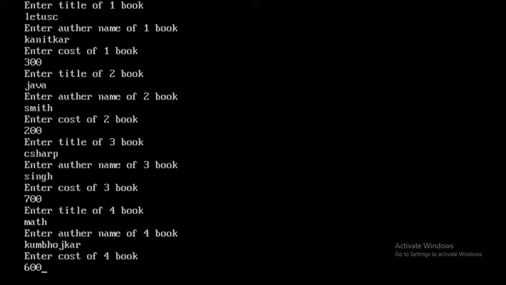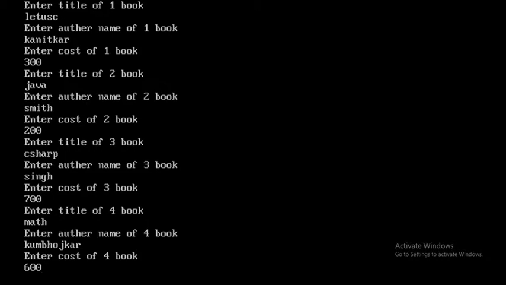So first of all it has to display the details of Java, then the details of let us see, then the details of maths, and finally the details of C sharp, because Java is 200, let us see is 300, maths is 600, and C sharp is 700.